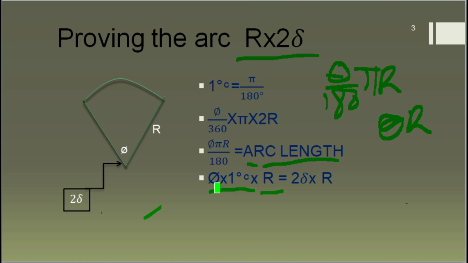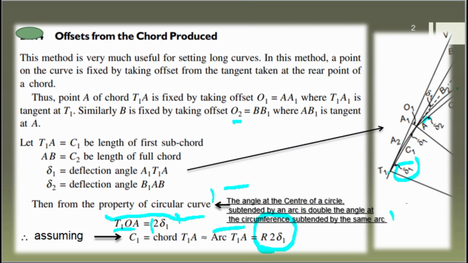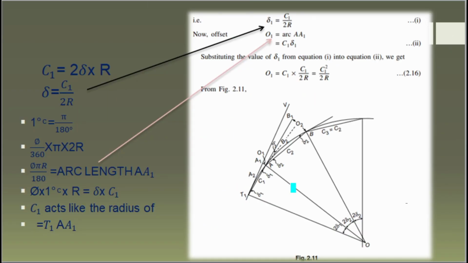By having this, I go directly and change my degree here. In our figure, our deflection angle was 2 times the deflection angle we had gotten earlier.